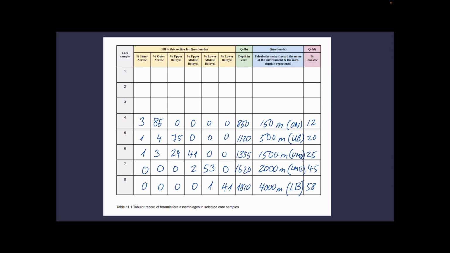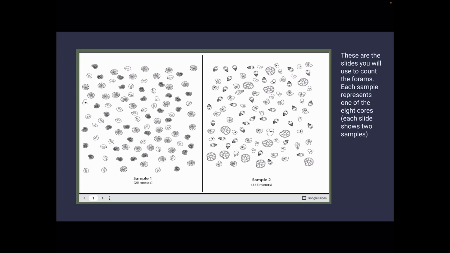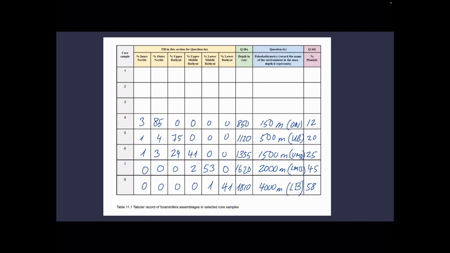So the depth in the core, this column 6b, is going to be the number down here underneath the sample. Sample 1 would be 25 meters, sample 2 would be 345, sample 4 is 850, sample 5 is 1120, and so on. So that's the depth in the core.